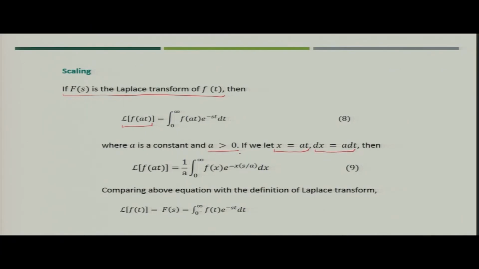If you put the value of x, replacing t, then f of at will become f x, e to the power minus s t will become e to the power minus s x by a, and dt will become dx by a. So, 1 by a will come outside the integration because it is a constant term.